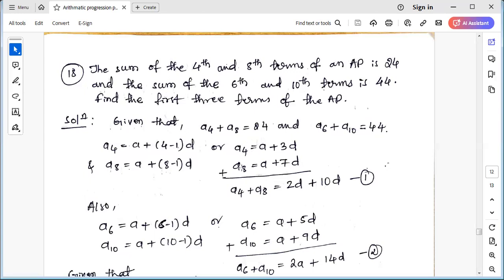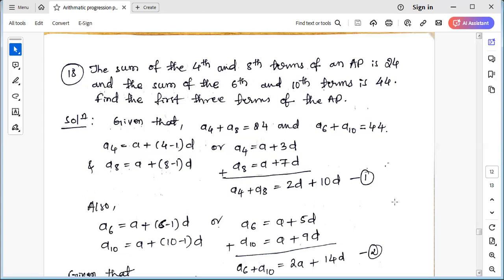This gives a4 plus a8 on the left-hand side, equal to a plus a, which is 2a, not d, it is a. And 3d plus 7d is equal to 10d. In this way, I got an equation like this, equation 1.